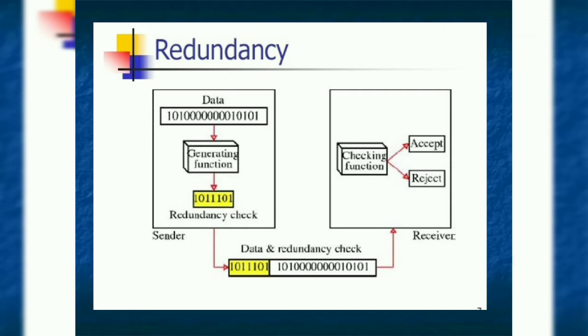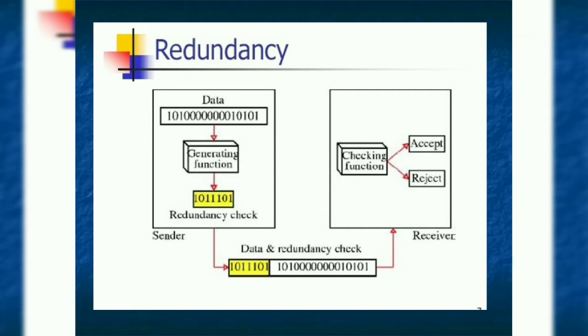This is the block diagram of redundancy. Data is generated, and then you check the redundancy for the transmission. If it is not there, you add the redundant bits, depending on whether the number of ones is even or odd.